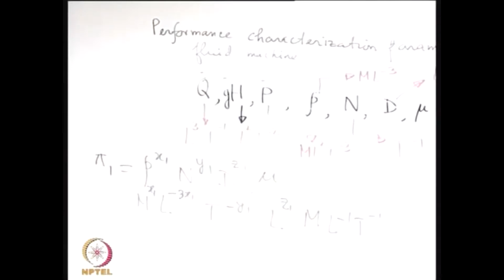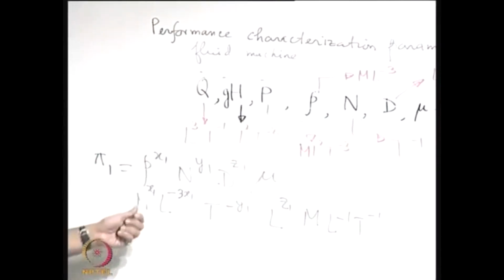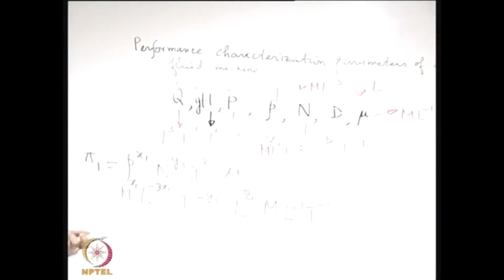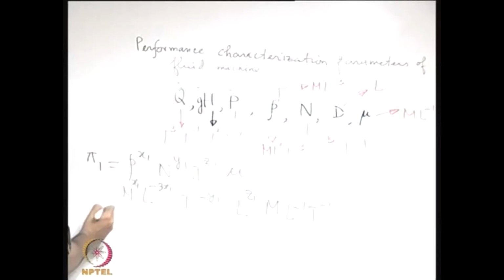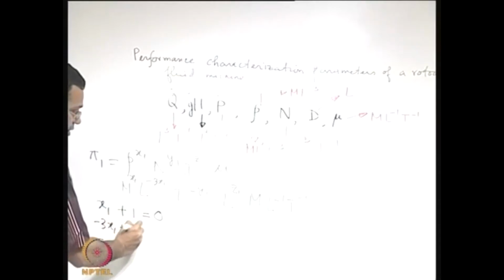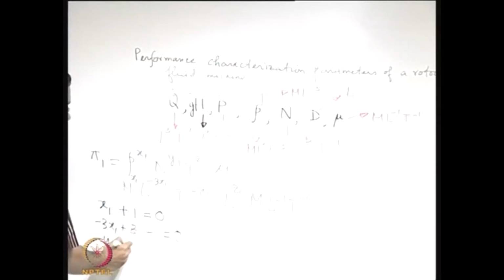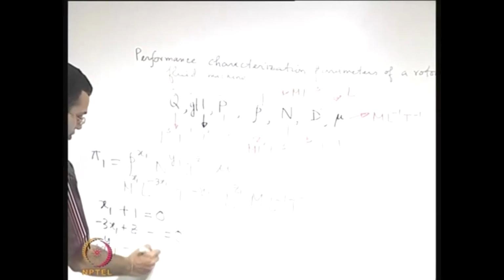Since pi 1 is dimensionless, the power of each of the dimensions should be 0 in the right hand side. That means you have x1 plus 1, that is for m, that is equal to 0, for L minus 3x1 plus z1 minus 1 is equal to 0, for t minus y1 minus 1 equal to 0.